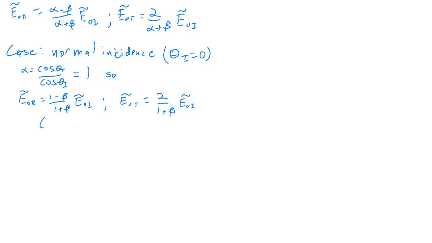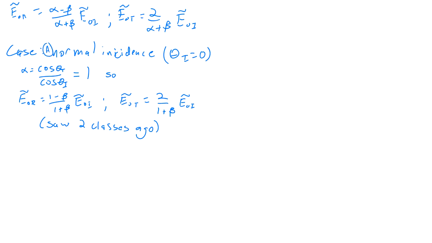We did the special case of normal incidence. So, well, that's kind of a relief. We went through all this work. It better reproduce what we've done before in that limiting case. So here, that's case A.